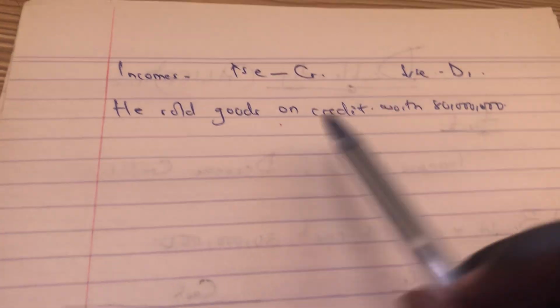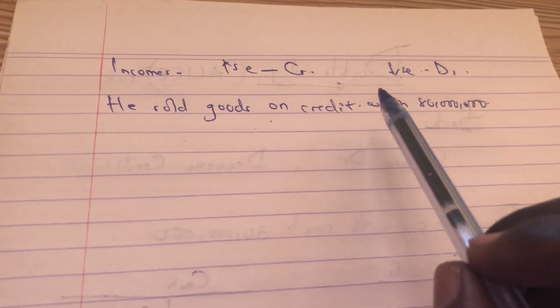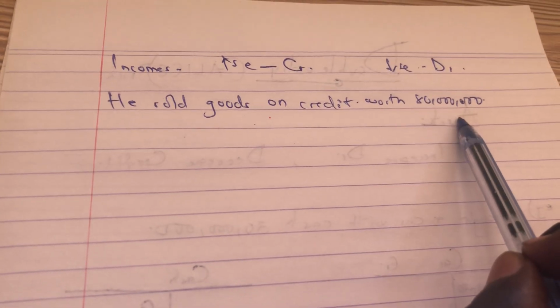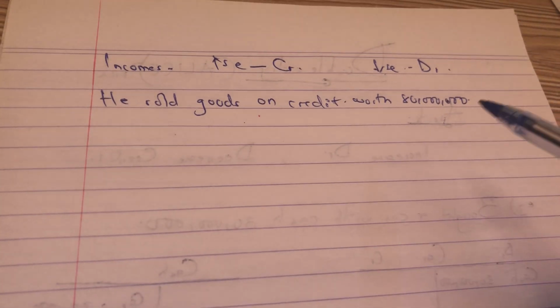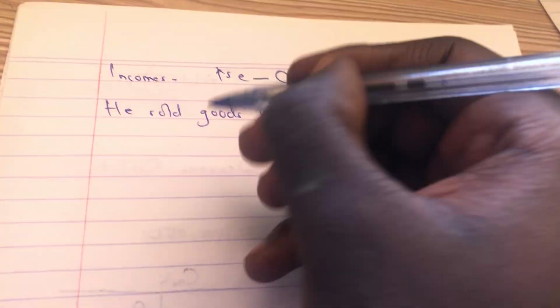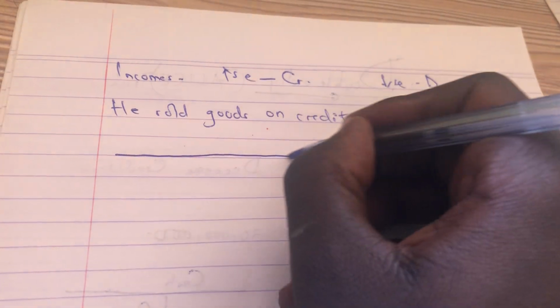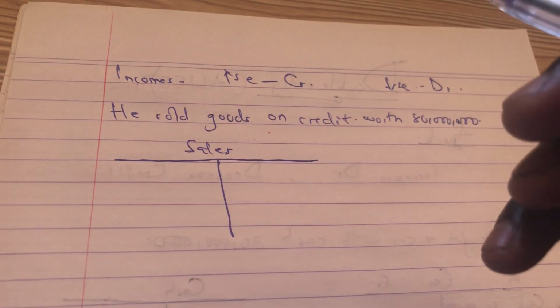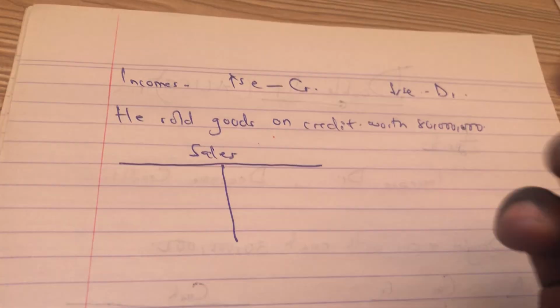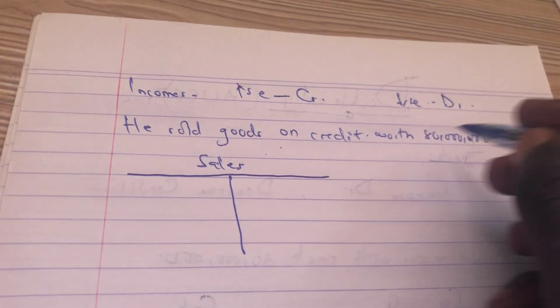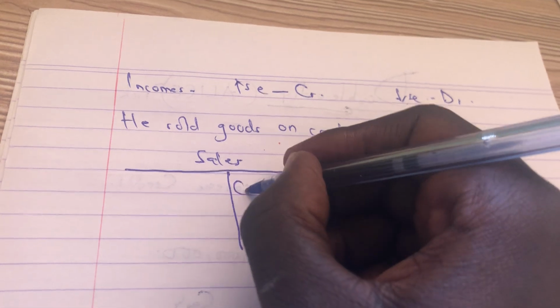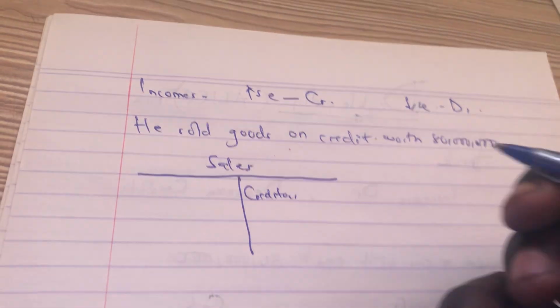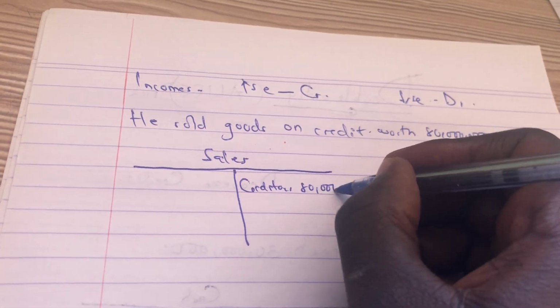For example, they say he sold goods on credit worth 80 million. When he sells goods on credit, that means the income is actually increasing. So this is our sales account. Because the income has increased, we shall credit the sales account. On credit means our creditors, worth 80 million.